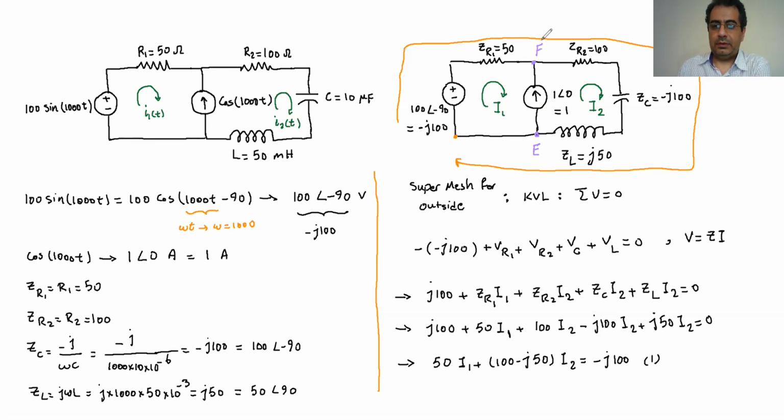So I draw the node E, then I have the current source, and then I have the node F.